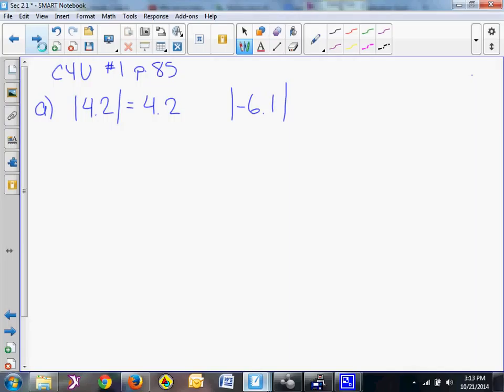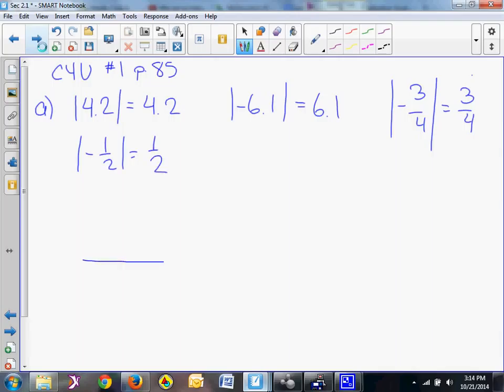That means how far is negative 6.1 from 0? It's 6.1 away. Again, shortcut: if there's a negative value there, we change it to its positive form. So the absolute value of negative 3/4 is just 3/4, and the absolute value of negative 1/2 is 1/2.